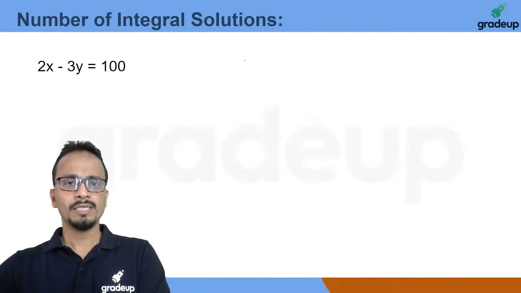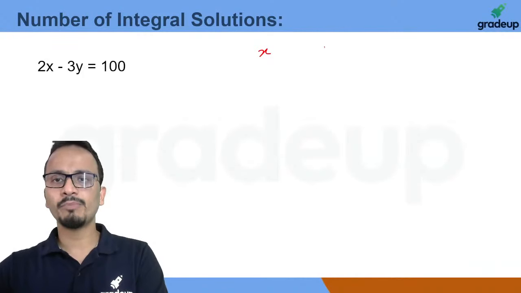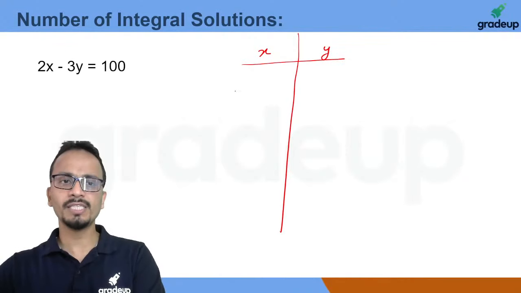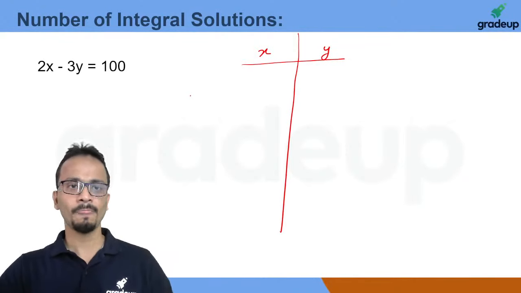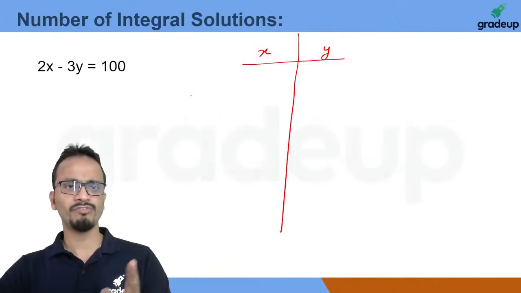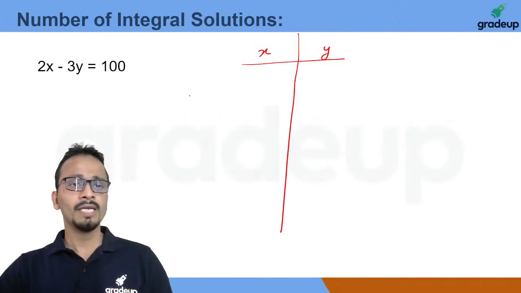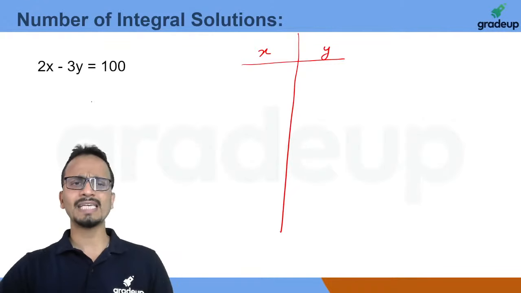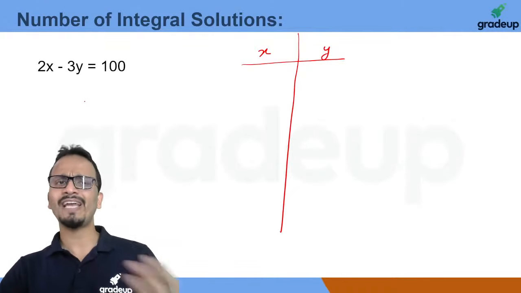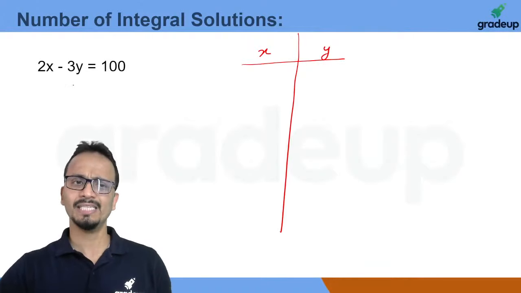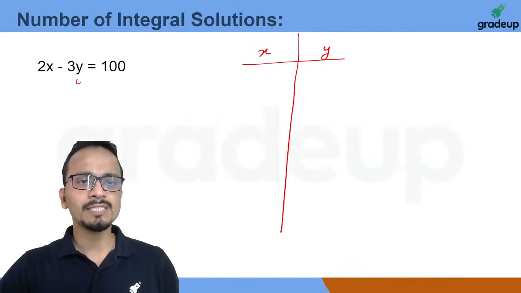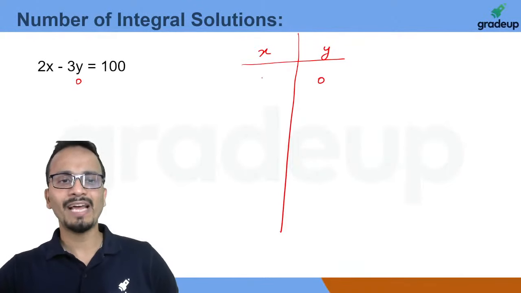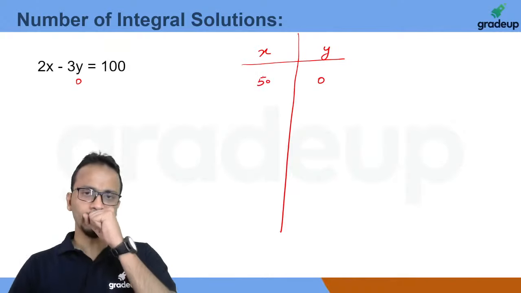I'll repeat the same process and find one value of x for which the value of y is an integer. If I put x as 0, the value of y will not be an integer. So let's put values of y instead. If I put y as 0, I easily get the value of x as 50.